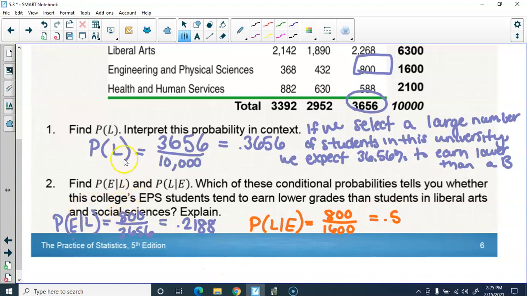Which one of these conditional probabilities tells you whether the college's EPS students tend to earn lower grades than students in liberal arts and social sciences?